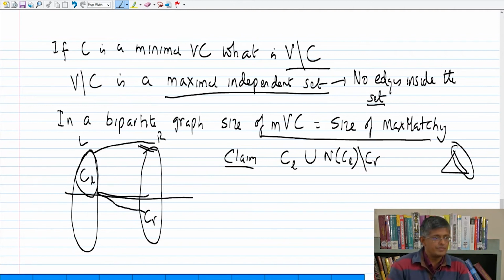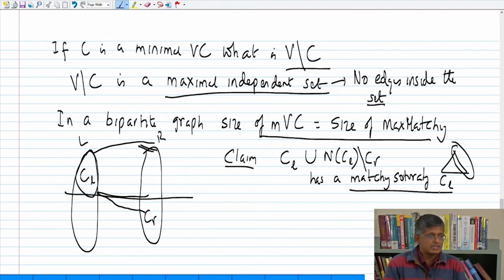I will remove them. I am going to show that there is a matching which saturates C_L here. So similarly, a symmetric claim I am going to make for C_R also.